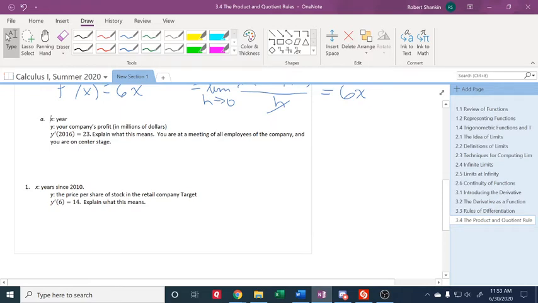Go ahead. And group leaders, make sure that the spokesman is aware that they are the spokesman for today.